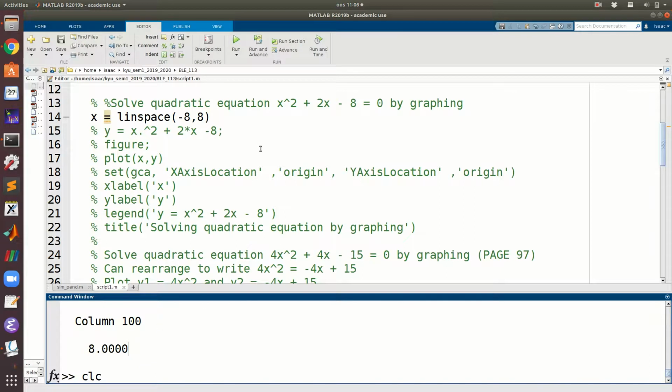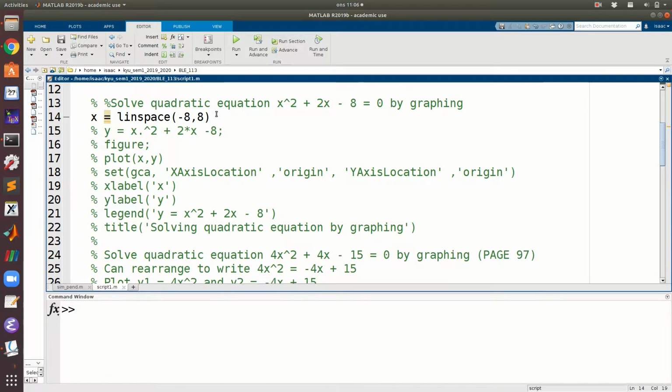There are many ways of checking that: you can run help linspace, or you can just Google it and see what exactly it does. Since this is our first video, I don't want to go into so much detail. Linspace gives us values of x which we are going to use to plot.